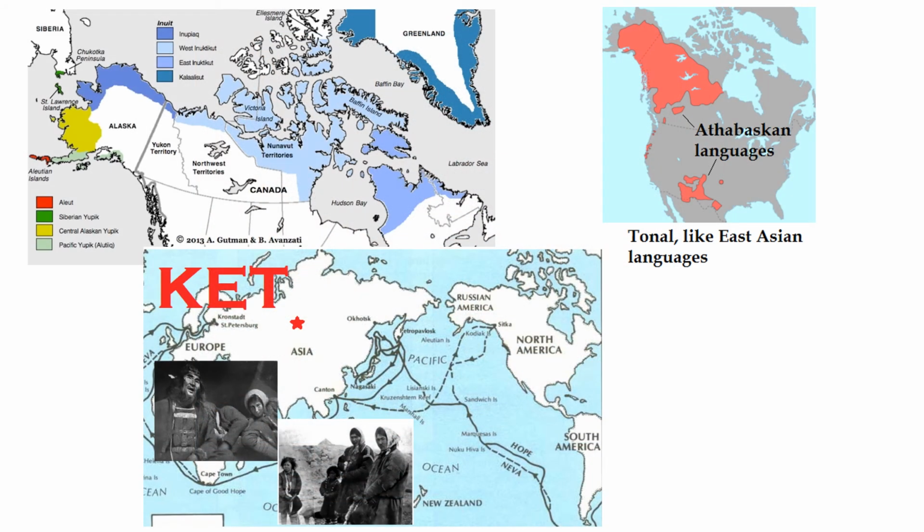Which brings us to the fascinating story of the Athabascans and the Ket people of Siberia. Now, Athabascan is a language group. There are several different large language groups of native peoples in North America that we'll talk about a little bit more later.